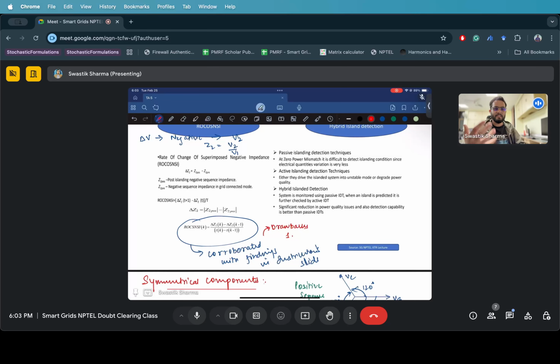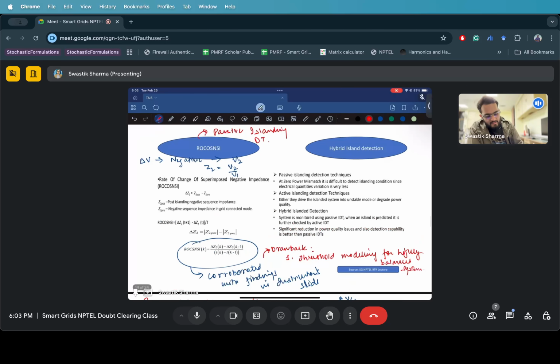How are you modeling the threshold with which you check if the frequency has varied to that level or not? Modeling the threshold is difficult for a perfectly balanced system, so you have to model the threshold perfectly. So this is one drawback; I don't have many, it's just one.